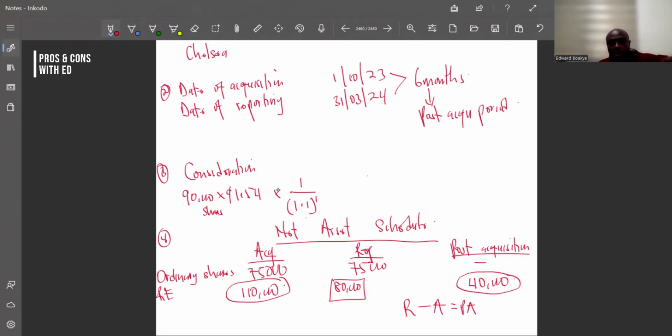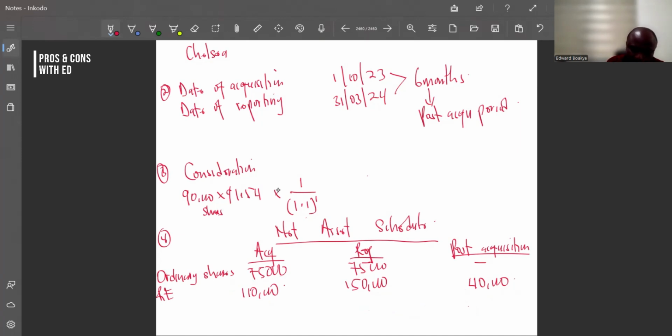So 70 plus 80 gives us 150,000, which is the same as your acquisition plus the post-acquisition, which is 150,000. We shouldn't be confused about it because it is the cheapest to get when it comes to the P or L questions. It's the cheapest that you are going to get.